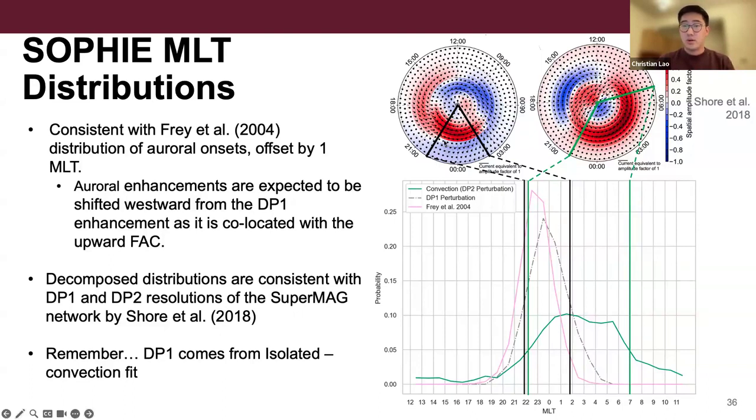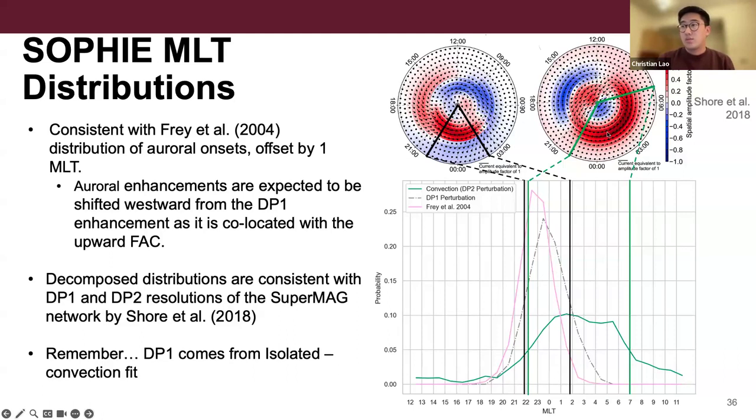We see that where the Shore et al. DP1 and DP2 current perturbations peak, they match up well with the location of the full width half maximum of our resolved MLT distributions. So the black lines correspond to where the peak of this westward electrojet, or substorm electrojet, occurs, and they correspond to the full width half maximum of our DP1 perturbation.